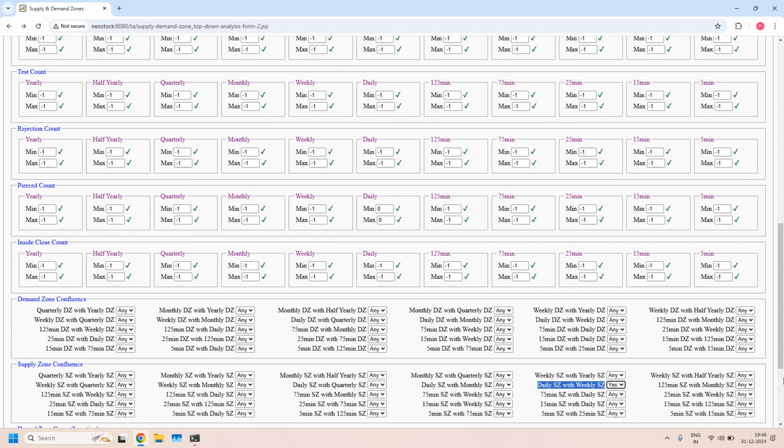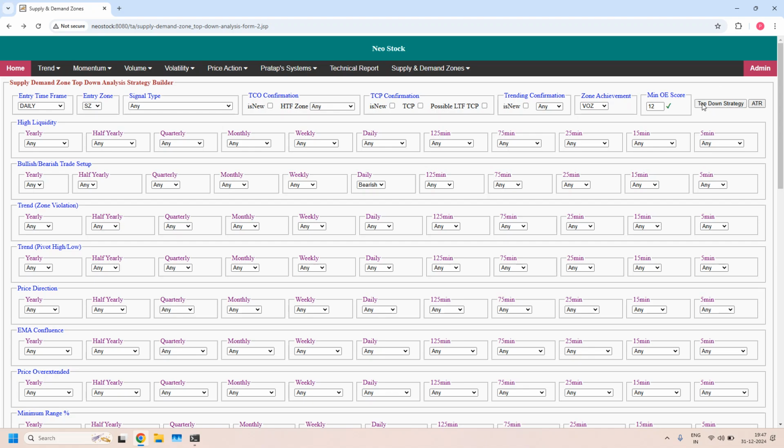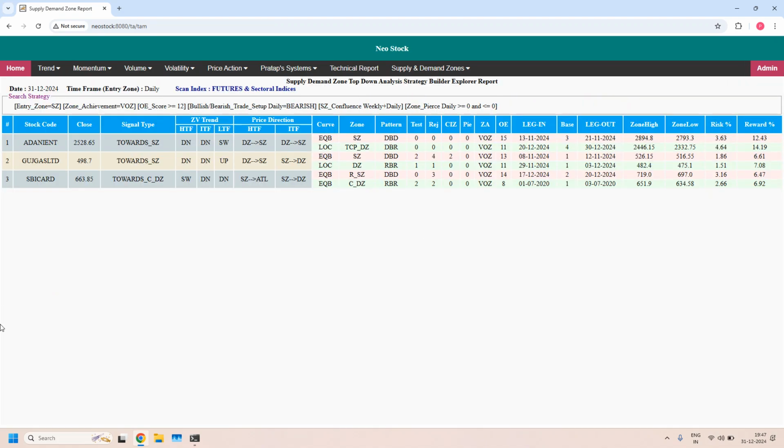The filter is enabled. With this filter, out of 3, all the 3 stocks are filtered. That means in all the 3 stocks, all these daily supply zones are part of the weekly supply zone. And weekly trend is down in all the 3 stocks. And if the weekly supply zone is having weekly EMA confluence, those stocks could be even more high probability trade setup supported stocks.